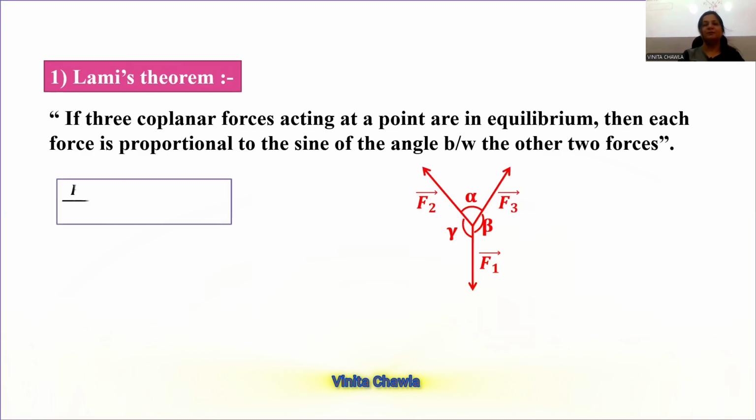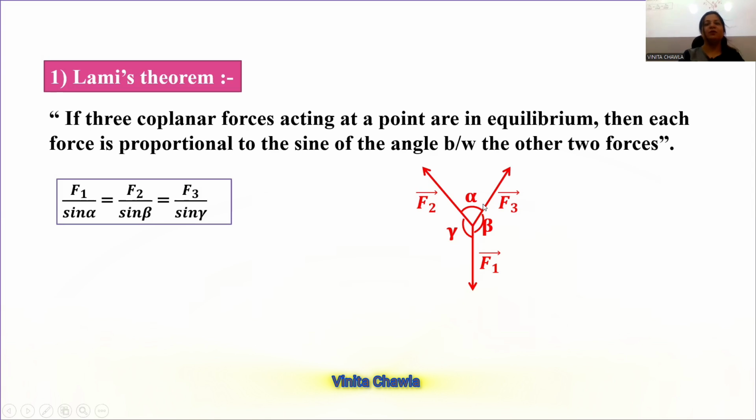So look at this. Here you can see we have F1 at this point where all these lines are intersecting. At this point, F1 force is acting, F2 is acting, and F3 is acting. And we are assuming that all these 3 forces are acting at a point and these forces are in equilibrium.